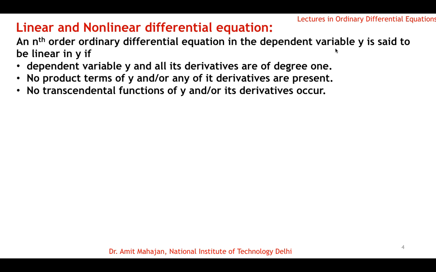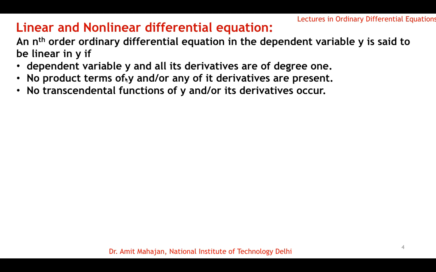If you have dependent variable y, then the differential equation will be linear in y if the dependent variable y and all its derivatives are of degree 1. So wherever y is, the power of y is 1. Wherever a derivative is there, dy by dx, its power is 1. If the second derivative d2y by dx square is there, its power is 1. Okay, so degree has to be 1.